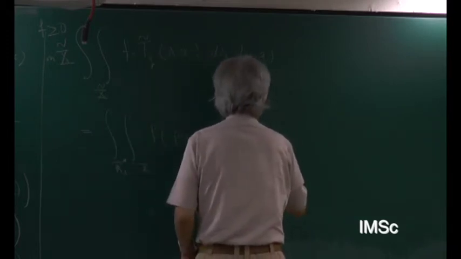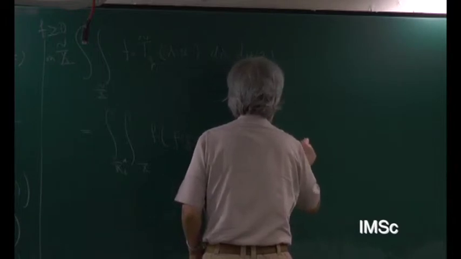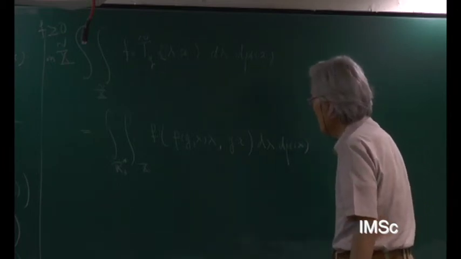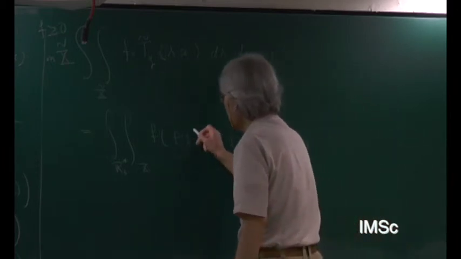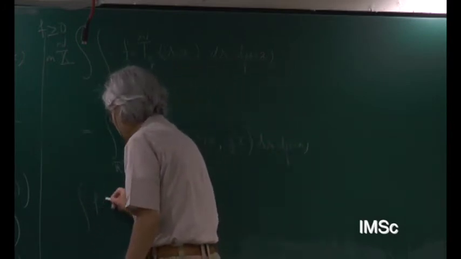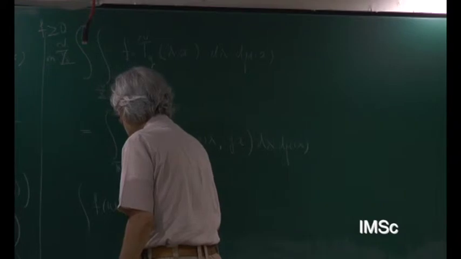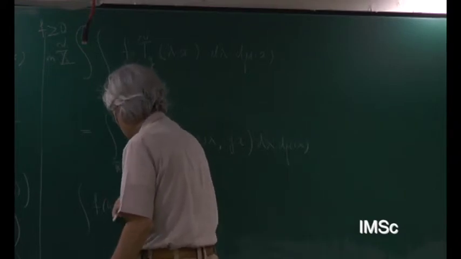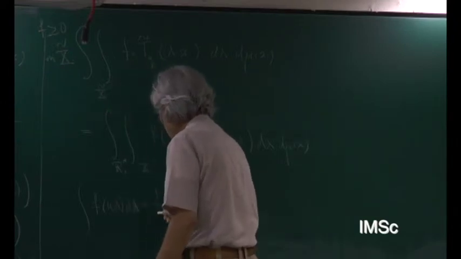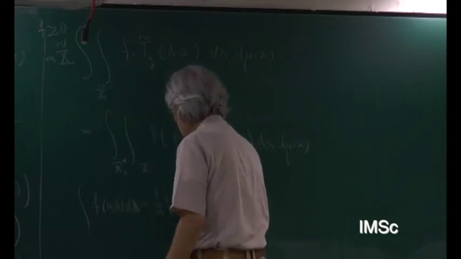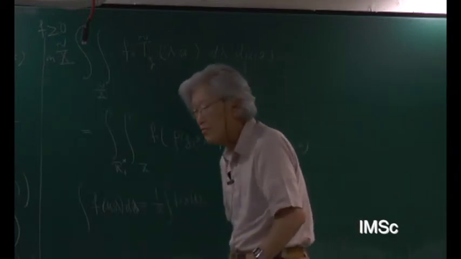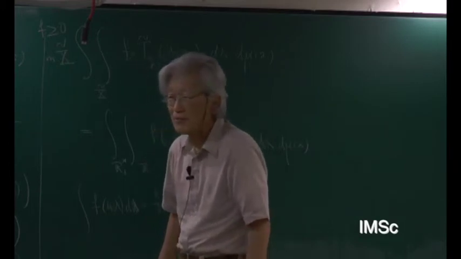Remember, the integration of f of a x dx with d lambda the Lebesgue measure is 1 over a of the integral of f of lambda d lambda. That's a change of variable by this simple positive number multiplication.